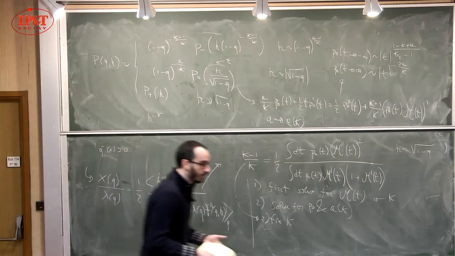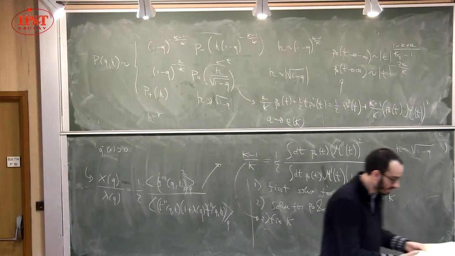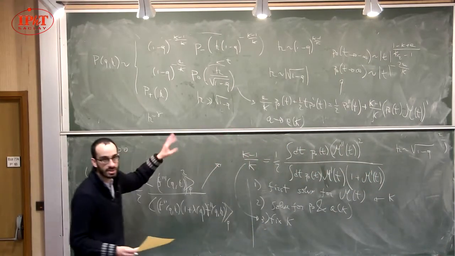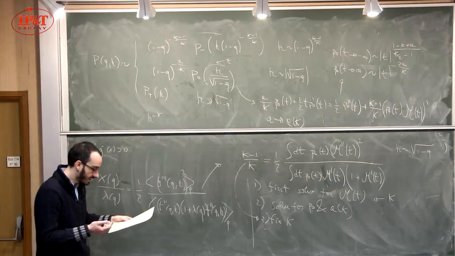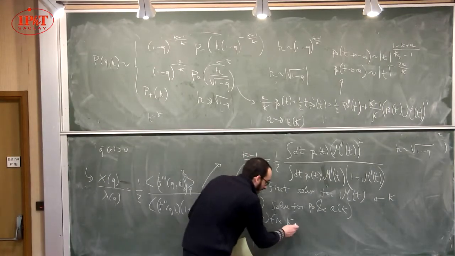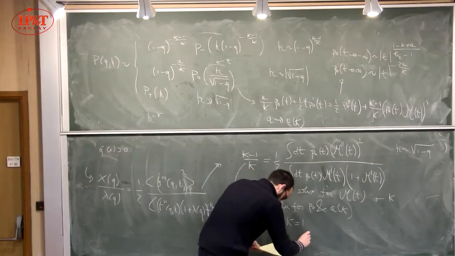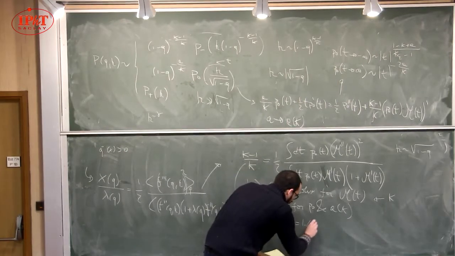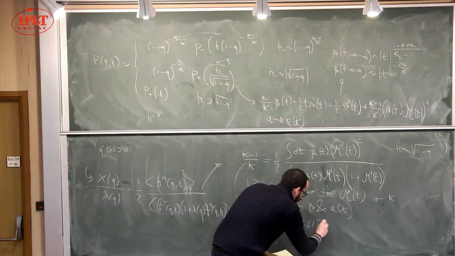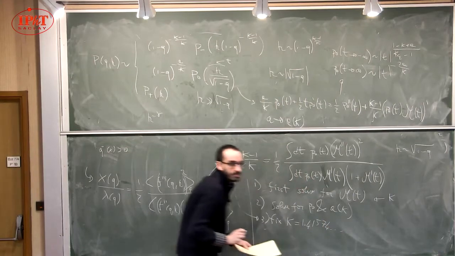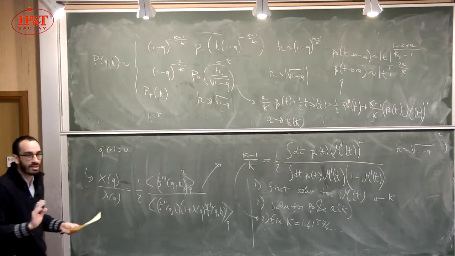So these equations can be solved numerically with arbitrary precision. So you get a number for k that is 1.41574. It's a pretty non-rational number.